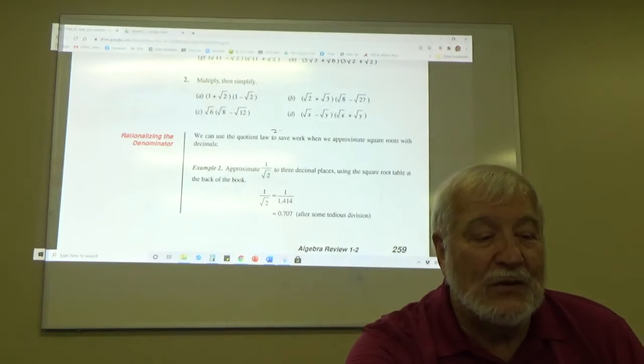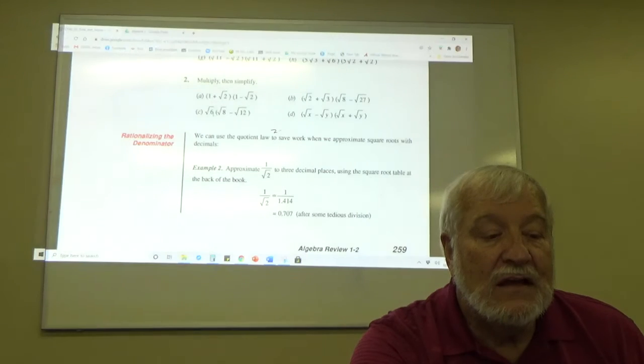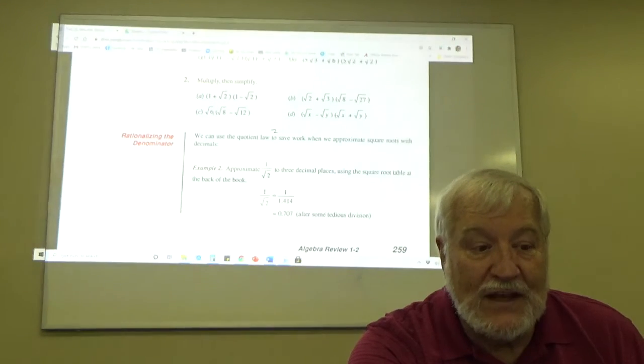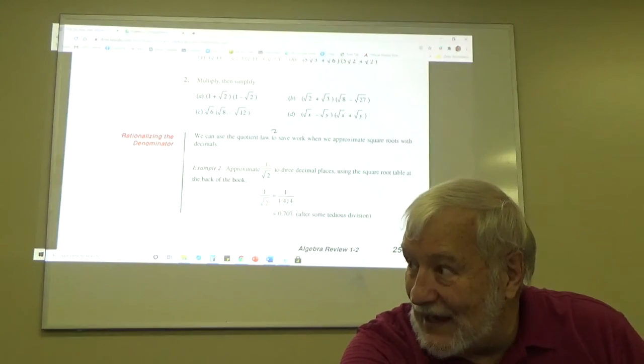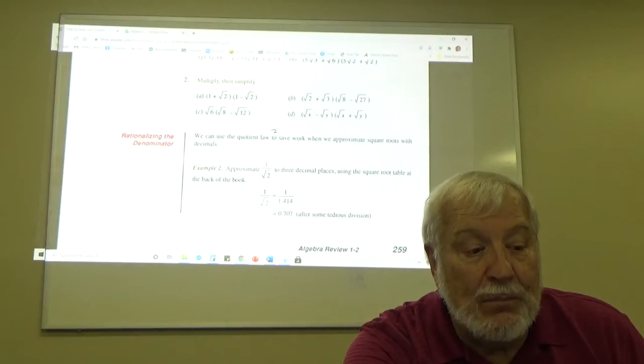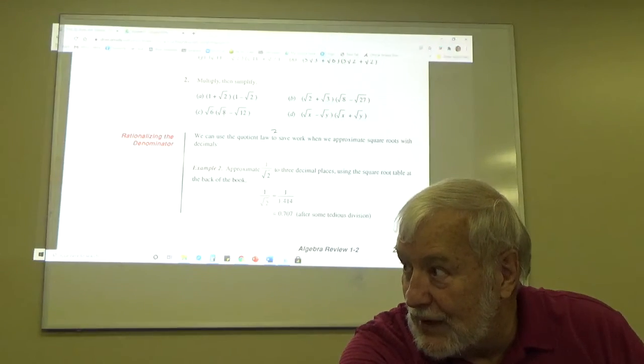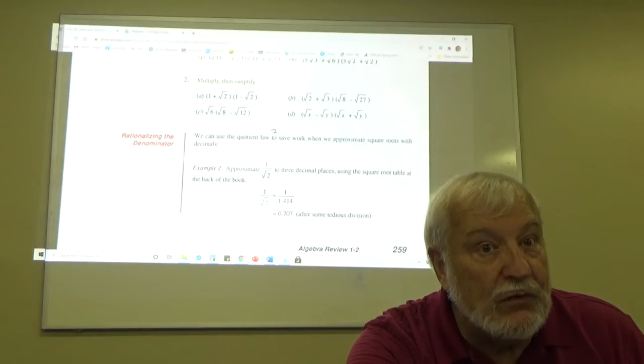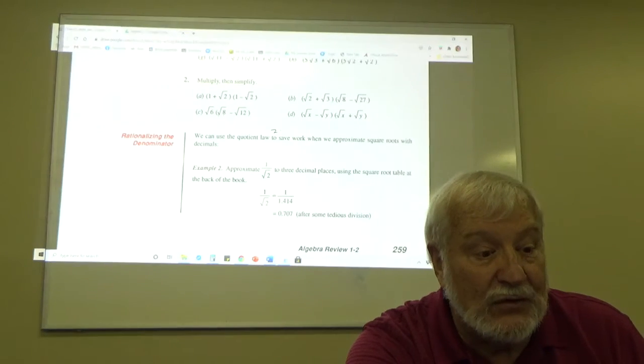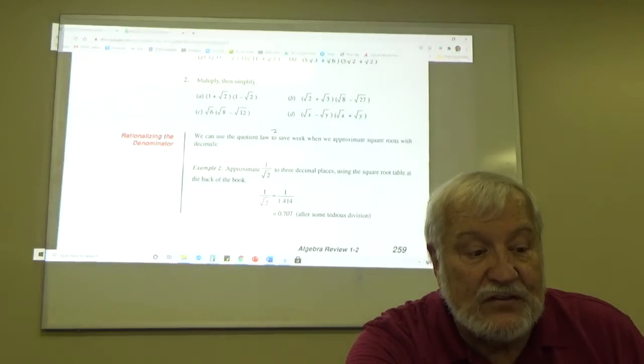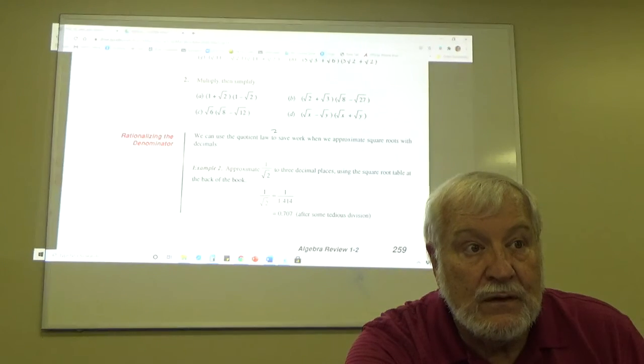Now, okay, look at this one. When you take square root of 6 and square root of 8, do you notice they both have a 2 in them? That's going to make the square root of 2 squared, which will be a regular 2. What's left in this if I take a 2 out? 3.